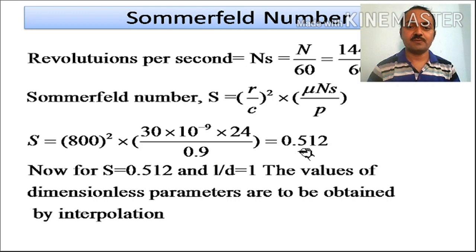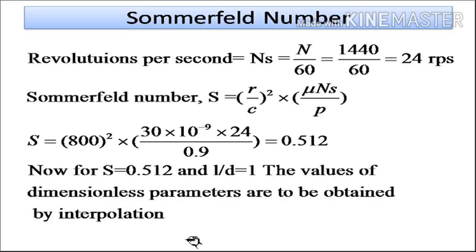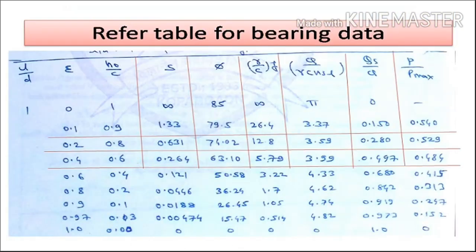Sometimes this Sommerfeld number may be exactly available in the table, but when it is not available exactly in the table, then you have to go for interpolation of values so that we can get the required values of the dimensionless parameters. In this case, the value of Sommerfeld number that we have got is 0.512. Here you will find there are two values, 0.264 and 0.631.